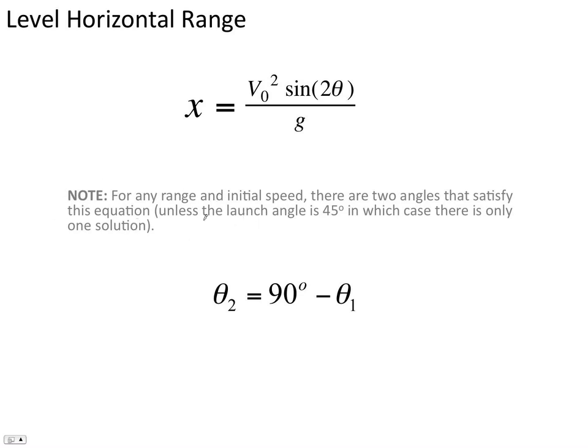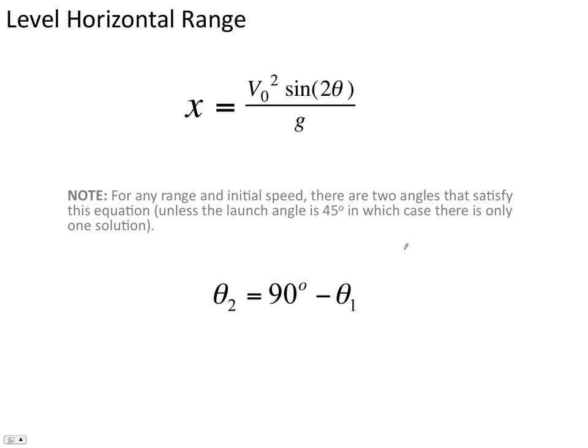So unless the launch angle is 45 degrees, there's two thetas for a given x that make this expression true. One of them we can solve for using the inverse sine function like we did in the previous slide. That would be theta 1 from the inverse sine. The other one we can get by just subtracting that angle from 90 degrees.